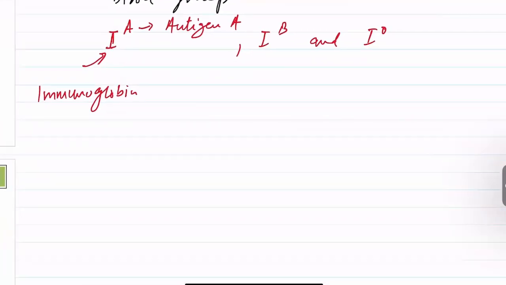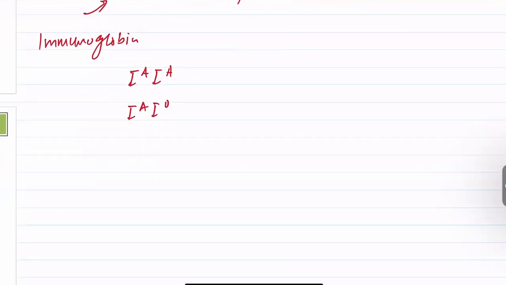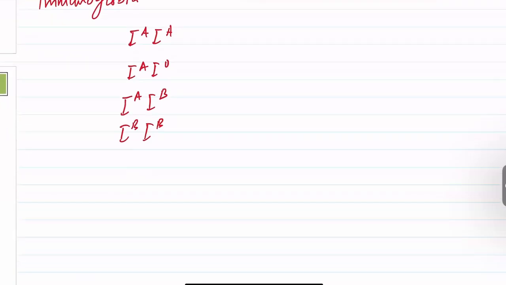So an individual can have an IAIA, or can have an IAIO, or can have an IAIB, or can have an IBIB, and IBIO and IOIO.